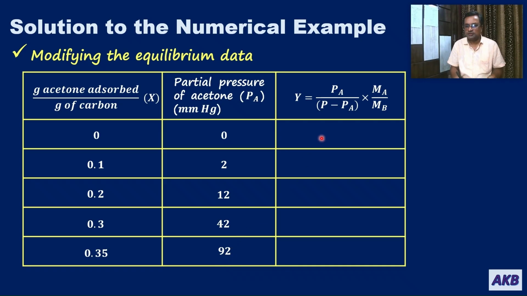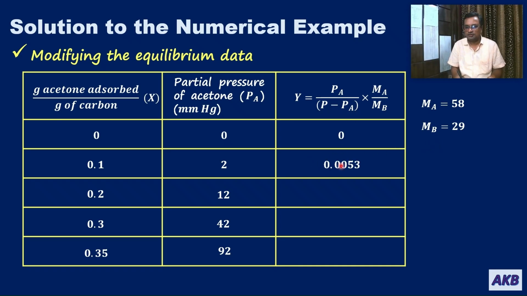When I use this formula for each of the partial pressure values, I will get the corresponding values for Y. In that equation, MA, which is the molecular weight of acetone, is 58, and MB, which is the molecular weight of air, is 29.